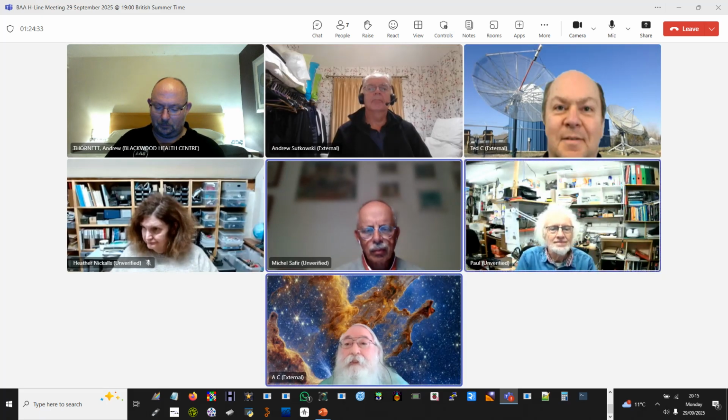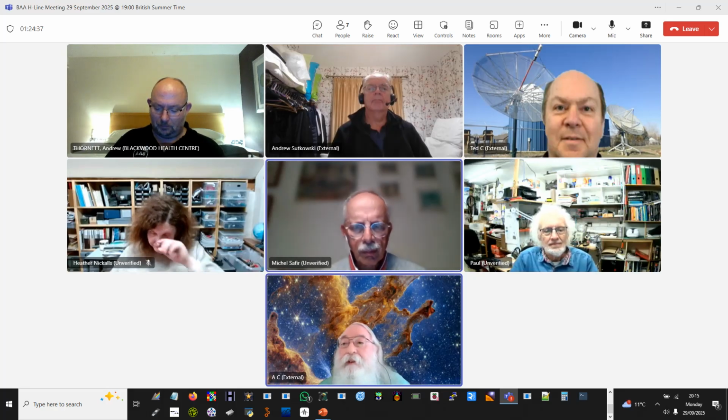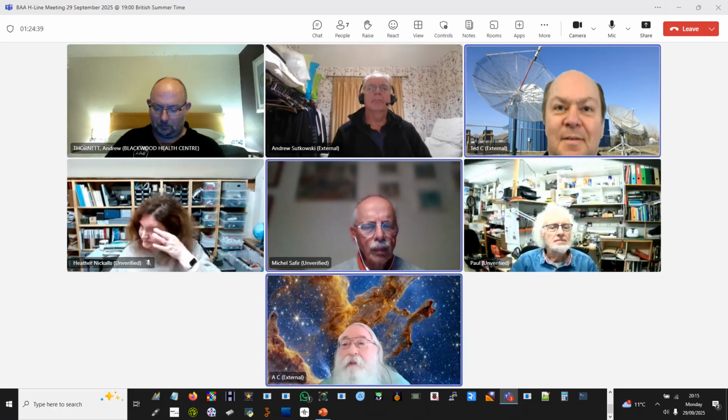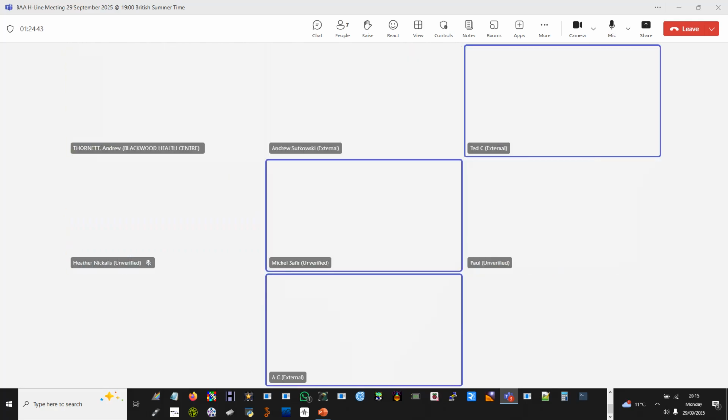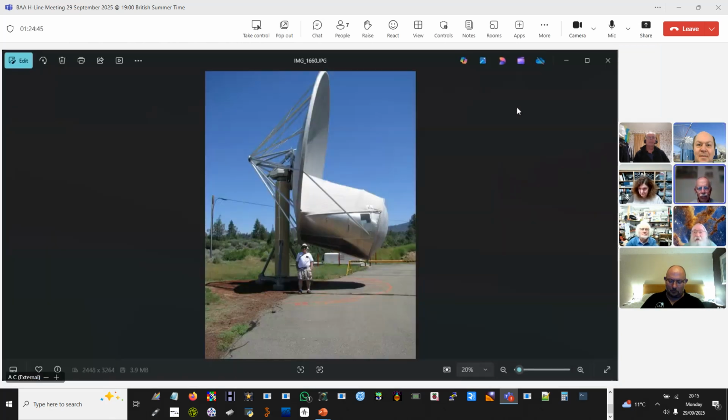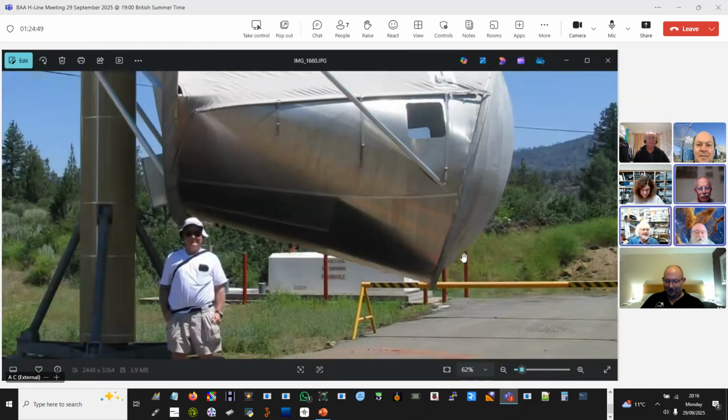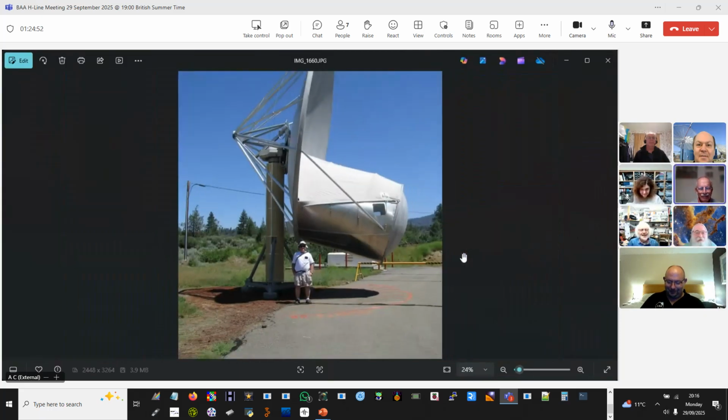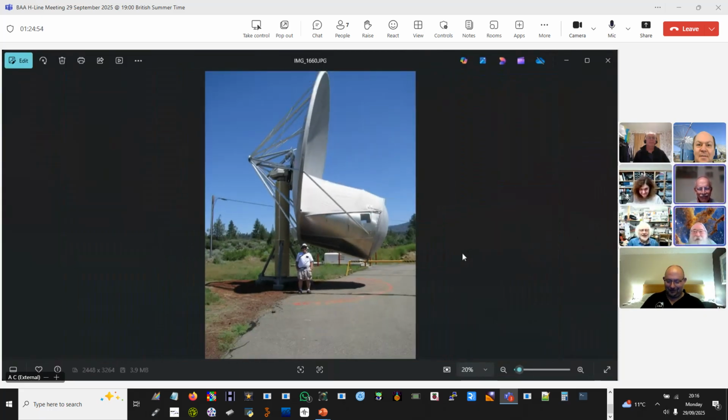Hit share, and you'll find a button for Windows. Right, click on that. Oh, okay. Pick one that looks good. Okay, oh wow. Is that coming through there? Oh yeah, okay, good. That's a very, very large offset dish.